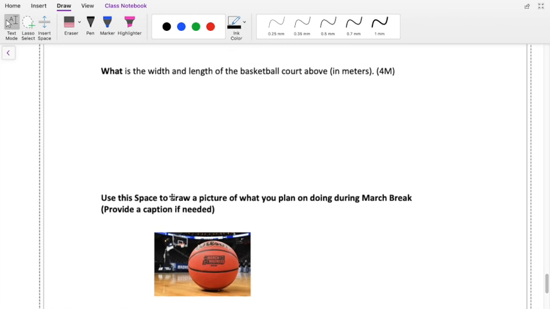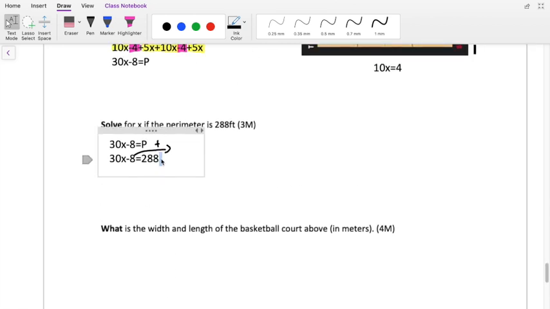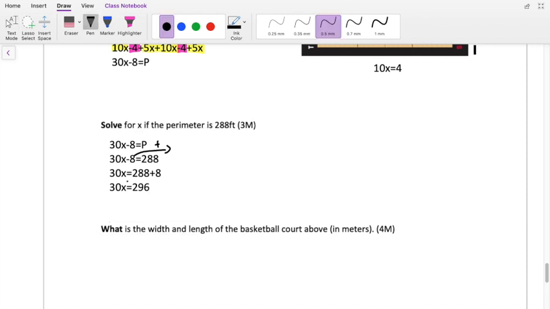So I get 30x equals 288 plus 8. So 30x equals 296. And then we have to move over this 30. It's a multiply on this side, so it's going to become a divide on the other side.